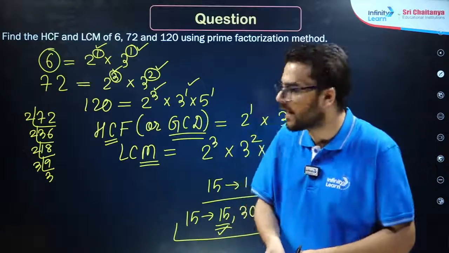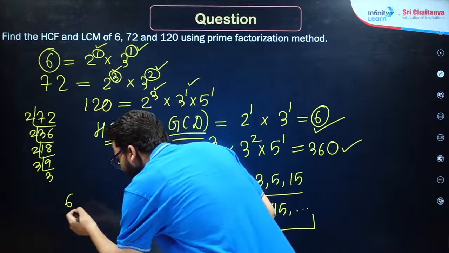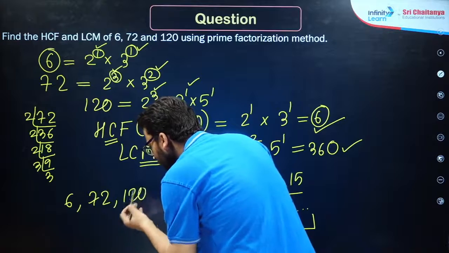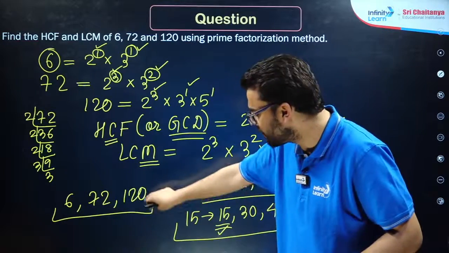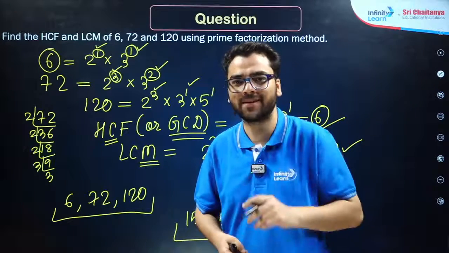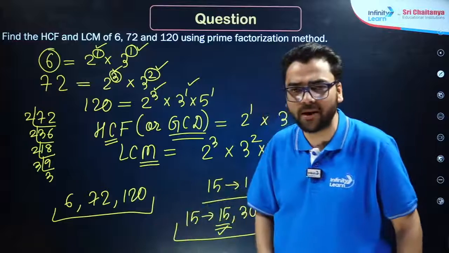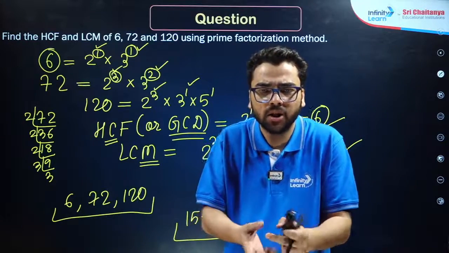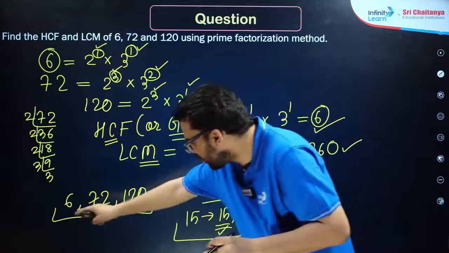So if you are finding the LCM of any numbers, for example, the LCM of 6, 72 and 120, the smallest possibility for the LCM of these numbers will be 120, or not? Because it is the least common multiple, it has to be at least a multiple of all of them.